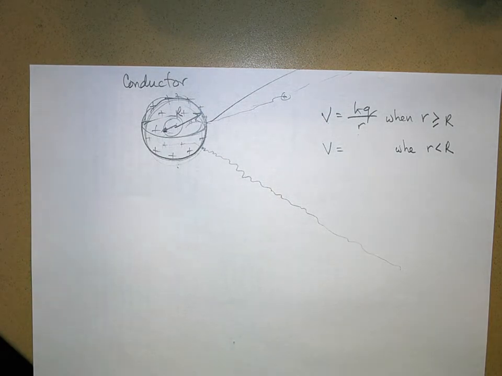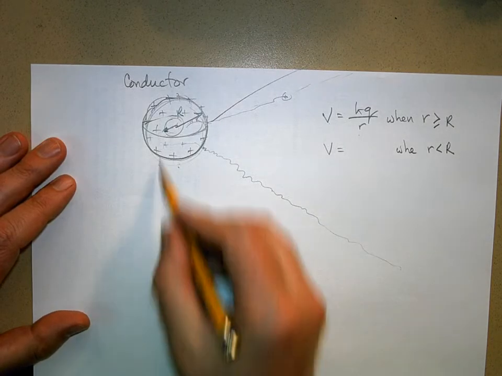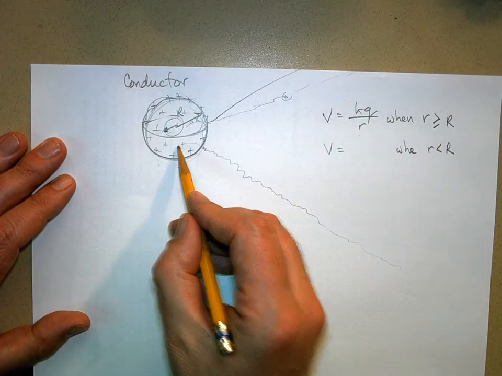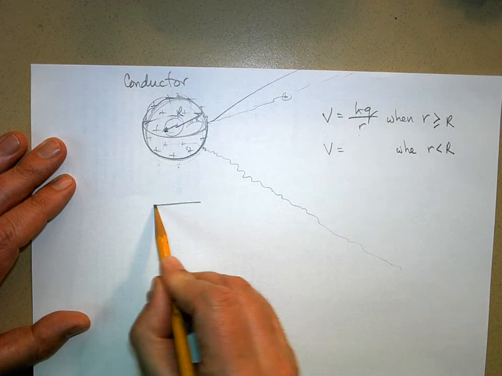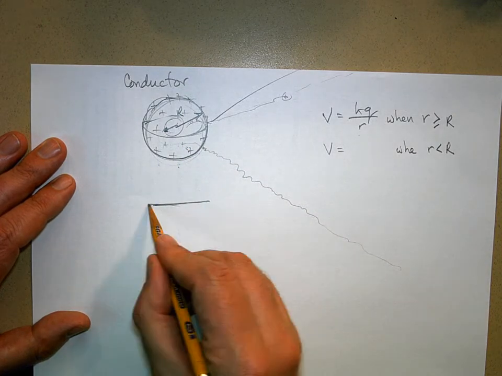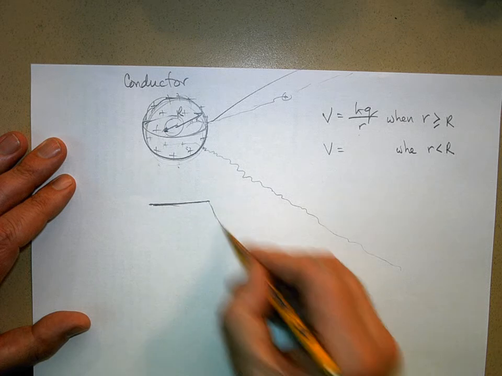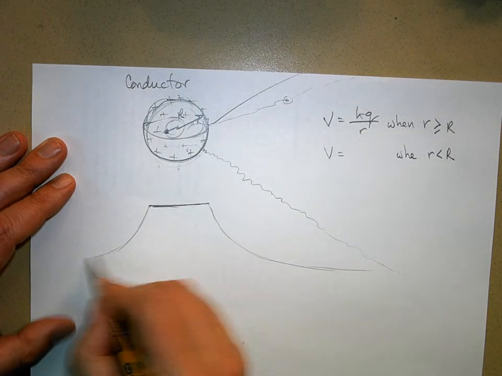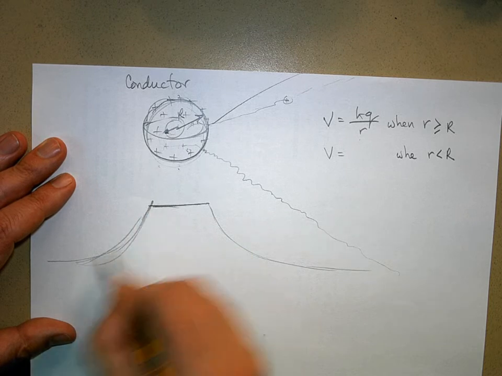Here's a really beautiful analogy of this. Think of inside the sphere as kind of like the top of a mesa. And here, this is a parabolic slope on the mesa. The height here represents how much work.